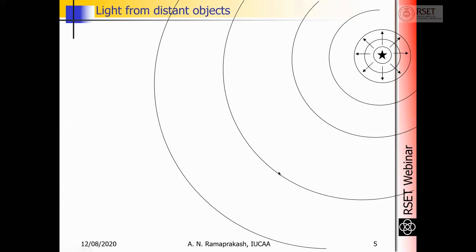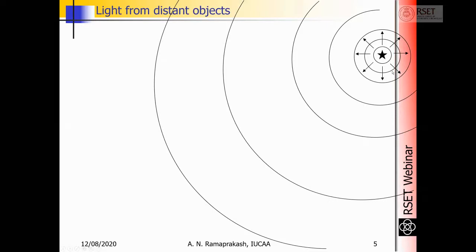An object like a star at this enormous distance away will look like a point in the sky. So what does it mean by a big telescope will collect more light from that star? To illustrate that, I made this slide. Here is a star which is radiating light away in all directions.